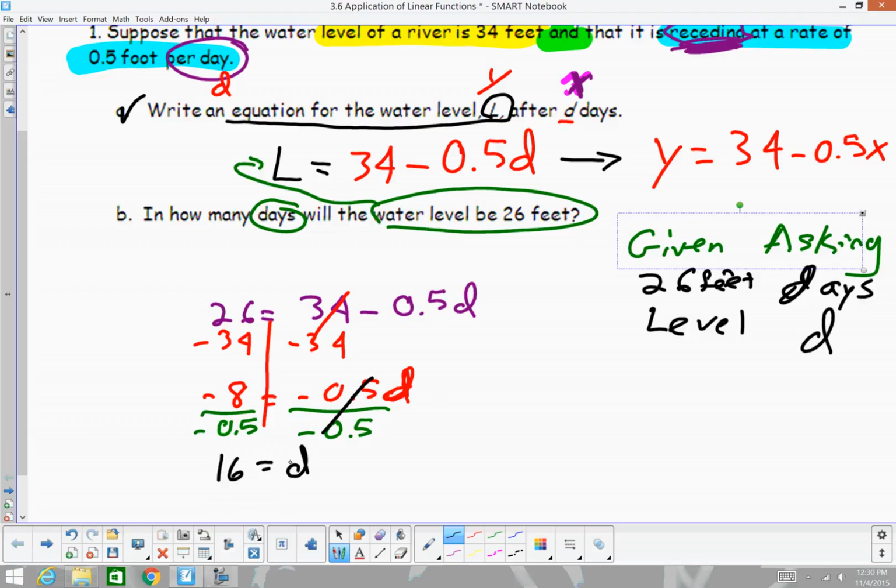But what does that mean? 16 equals D. Well, all I'm going to do is take that 16 and apply it to the problem. What did it ask me? It said, in how many days, D, will the water level be 26 feet?